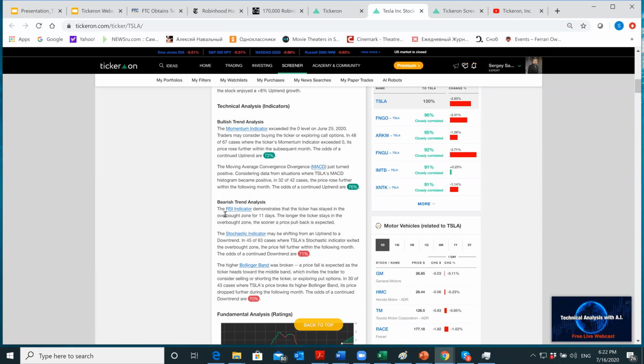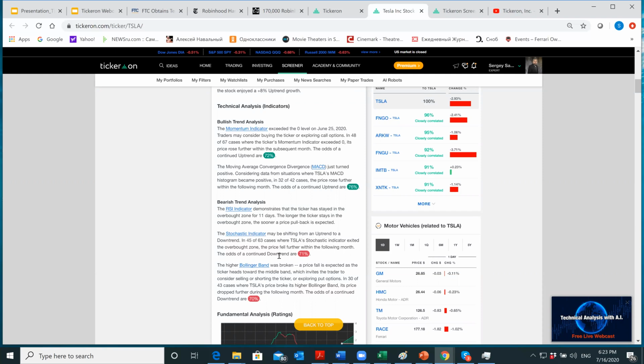So it is in an overbought zone for 11 days. It's interesting actually, it doesn't show us odds of success, because when you are in an overbought zone, you don't know how long you're going to be there, and there's no way you can calculate odds of success, but that's important information, okay?